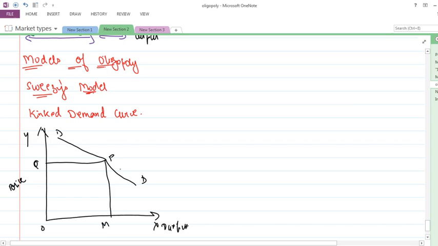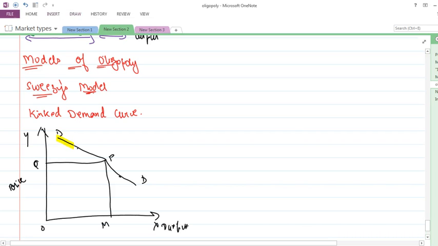Due to this behavioral pattern, the oligopolist believes that if he increases the price to this level, he would be losing market share. On the other hand, if he lowers his price to this level, then all the competitors will follow, and due to this he is not going to get any benefit from the reduction in prices.